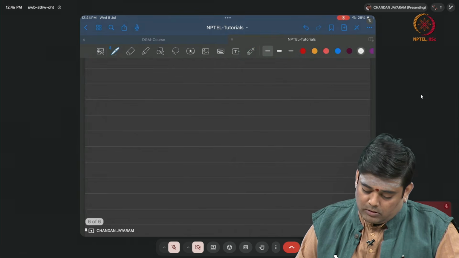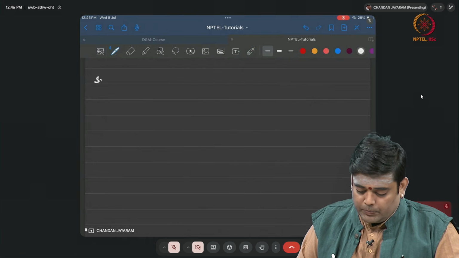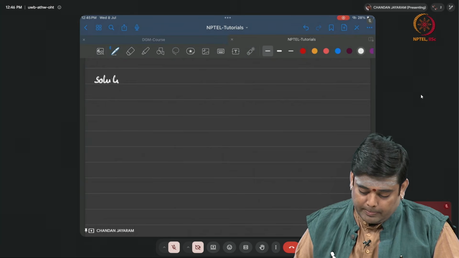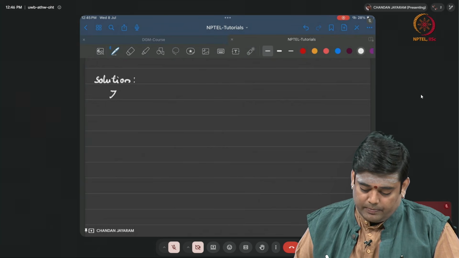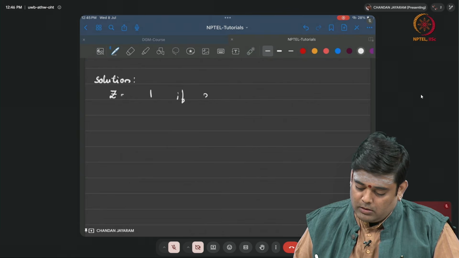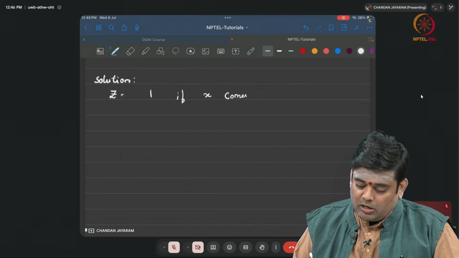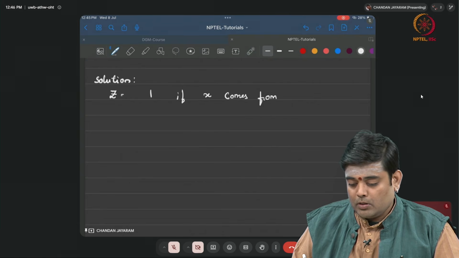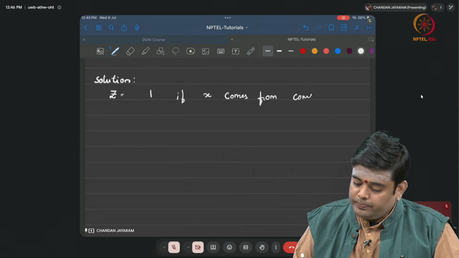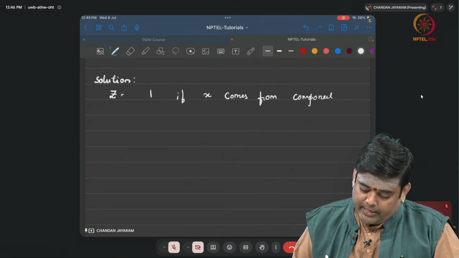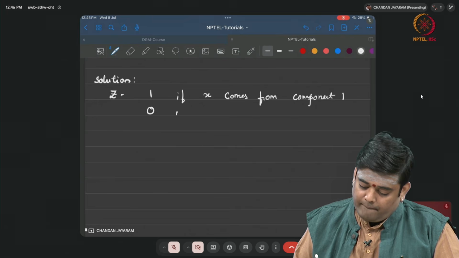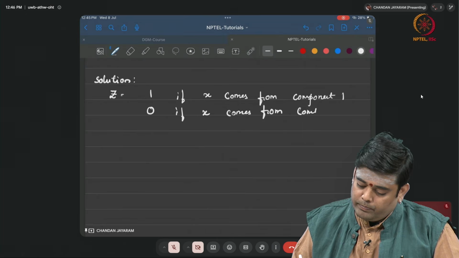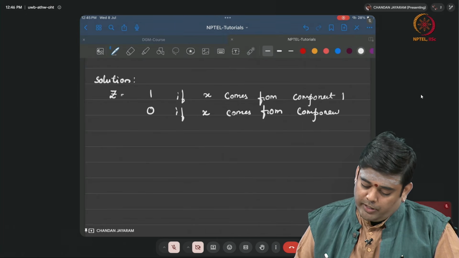Let us look into the solution. Z takes the value 1 if x comes from component 1, and it takes the value 0 if x comes from component 2.